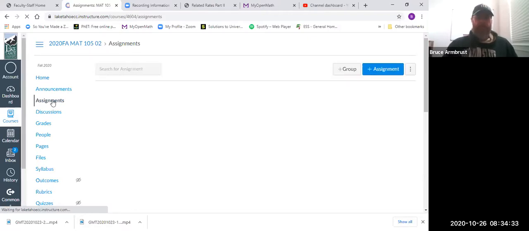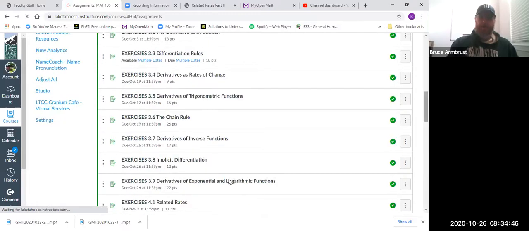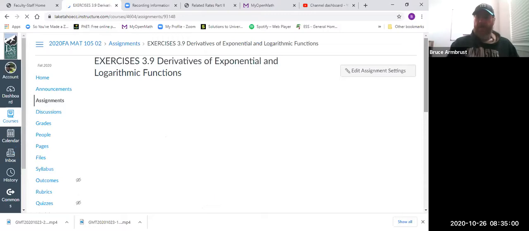All right, so hopefully you guys can see my screen with the assignments. So section 3.9, exponential and logarithmic functions.